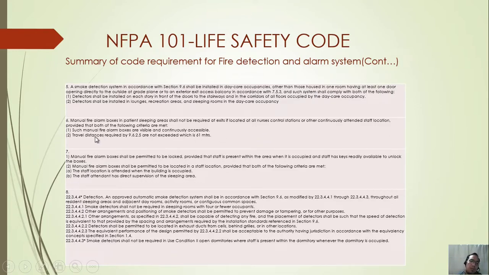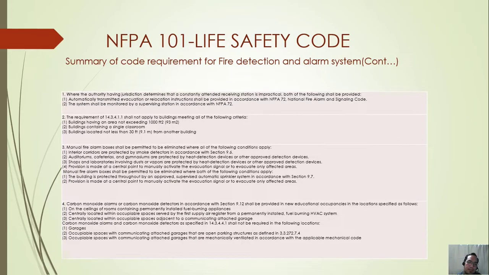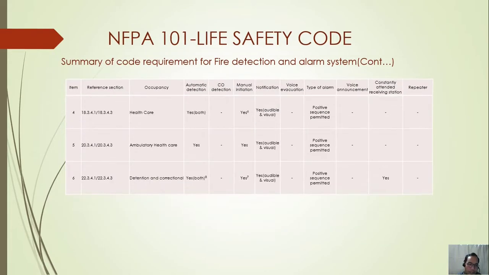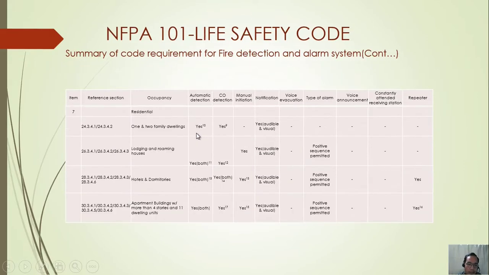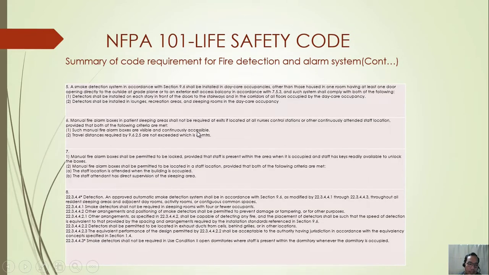So, manual pull station in what occupancy? In healthcare, it's not required anymore at exits when you have nurse control stations, if you have a manual fire alarm pull station installed in all nurses control stations.